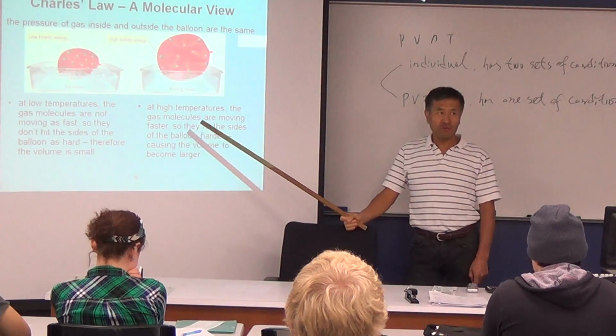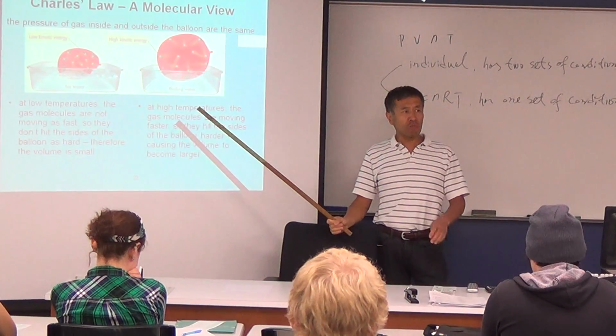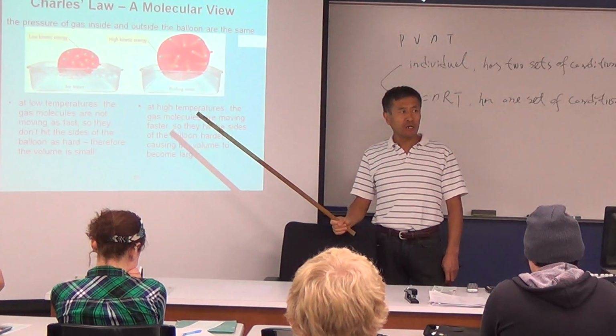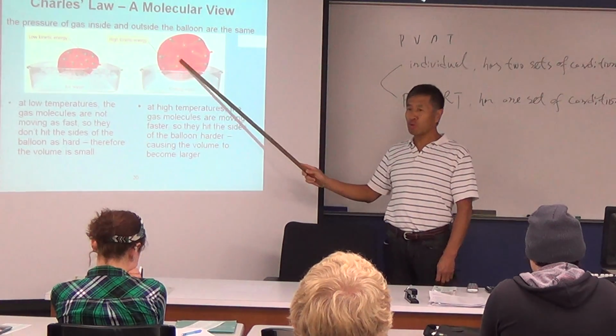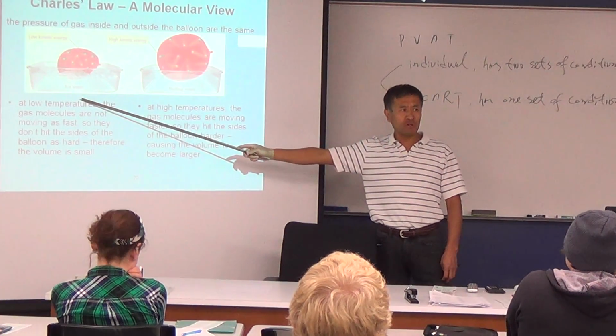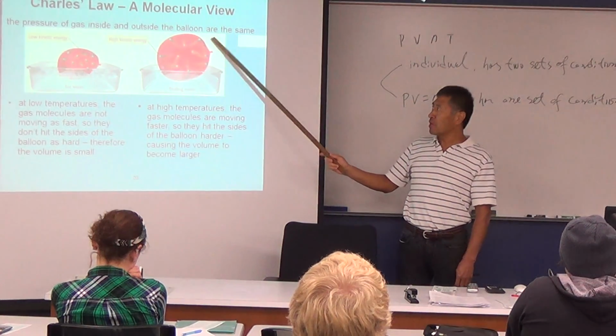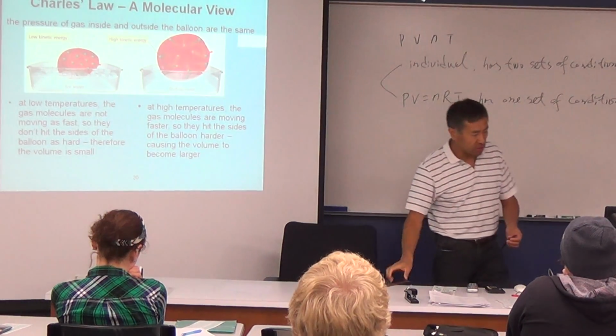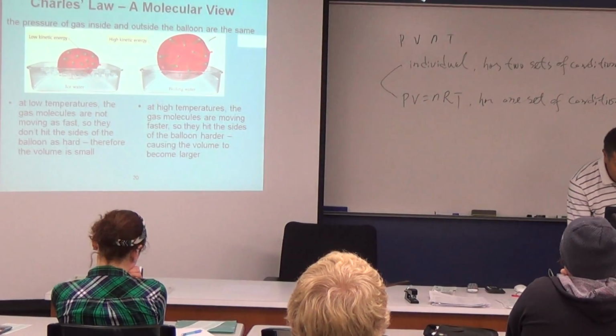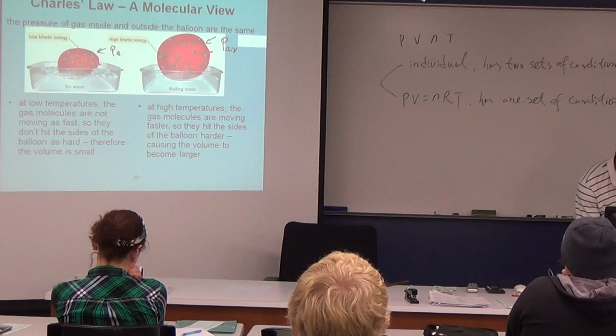That is because if you keep the external pressure constant, in both of these two pictures, at lower temperature or high temperature, the external pressure that pushes on this balloon, let's call that P air, and here it is also P air.